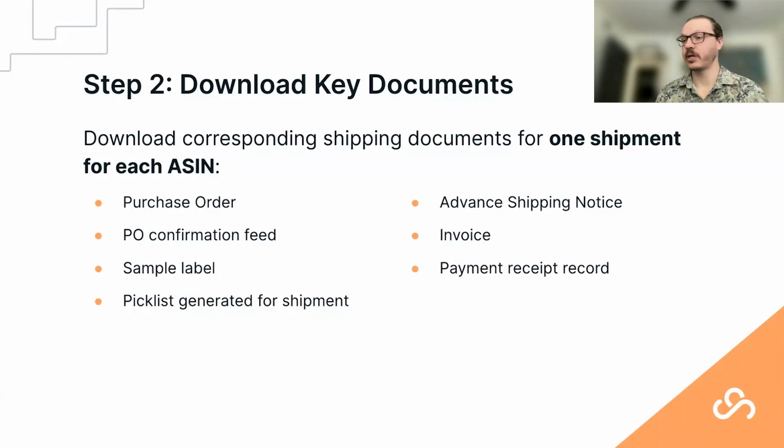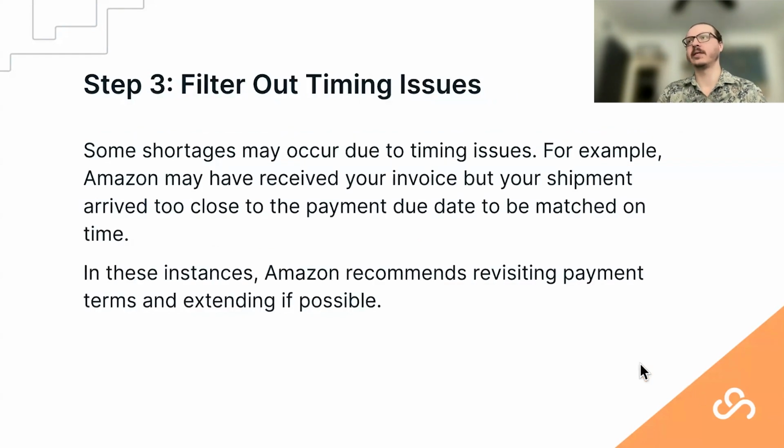This is what Amazon's trying to match against at the end of the day. So we want to make sure that that invoice matches everything else in the process as well, just to make sure there's no issues with the invoicing step. And last but not least, the payment record. So did Amazon short you? If so, by how much? And with each of these, we can more clearly tell a story.